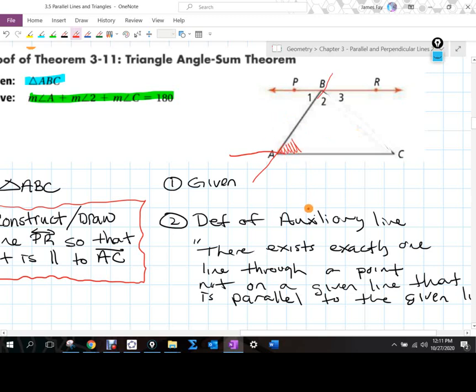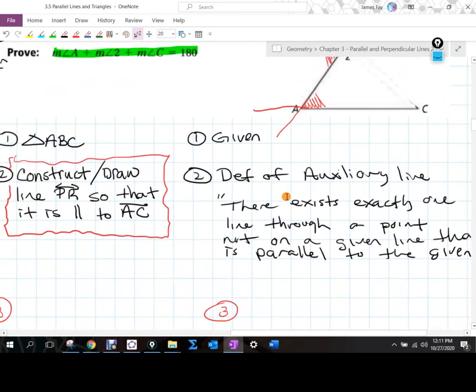And that's the angle that's in the triangle, right? What are you going to say about those two angles there that I just highlighted? They're congruent, right? They're alternate interior angles.